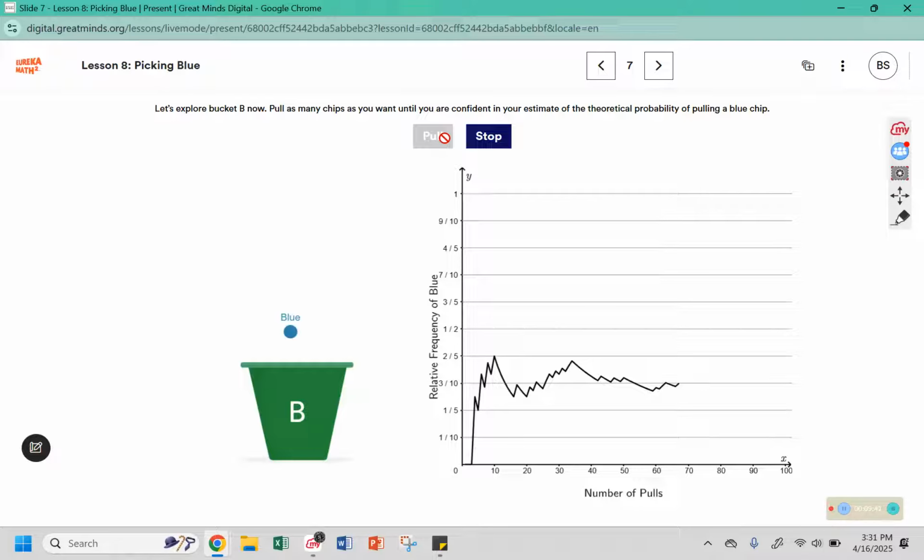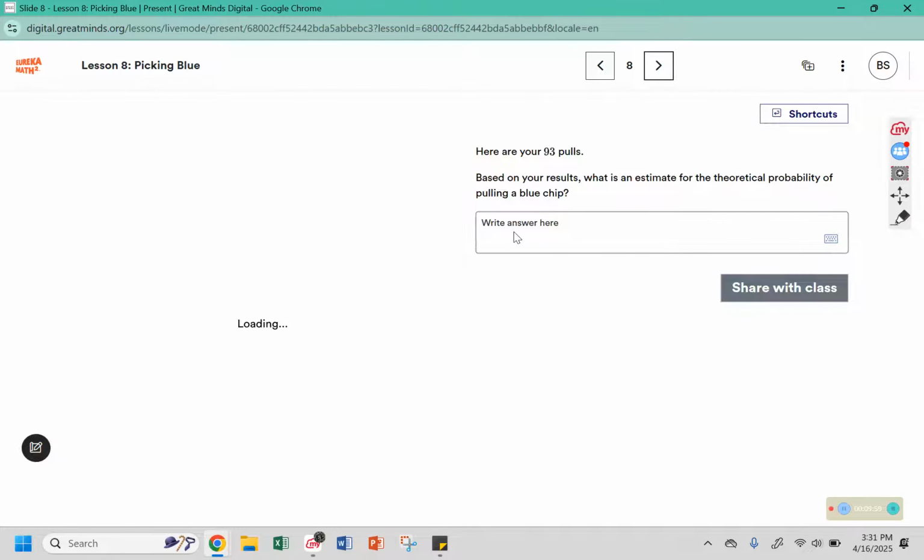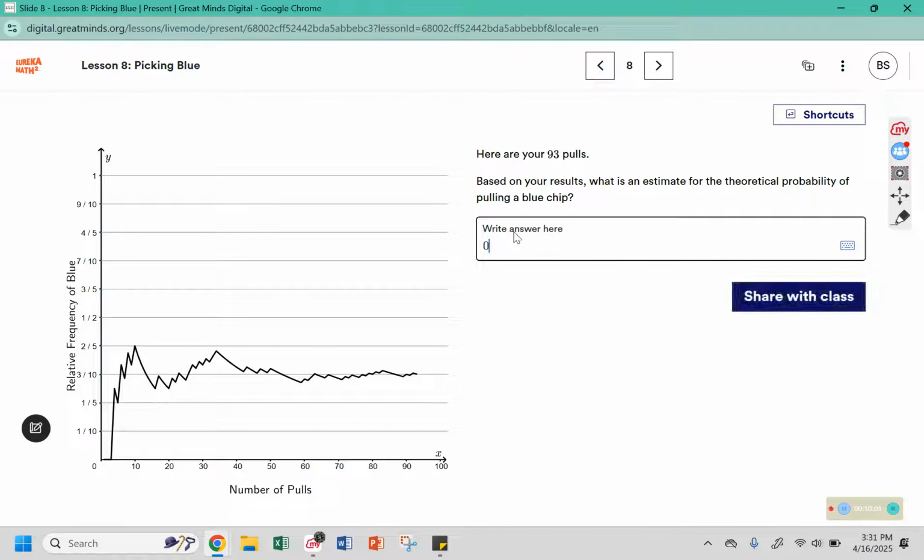So you may be confident here, but you may want to continue a little bit longer to be sure. You can see it's on that 3/10 line, and 3/10 as a decimal would be 0.3.